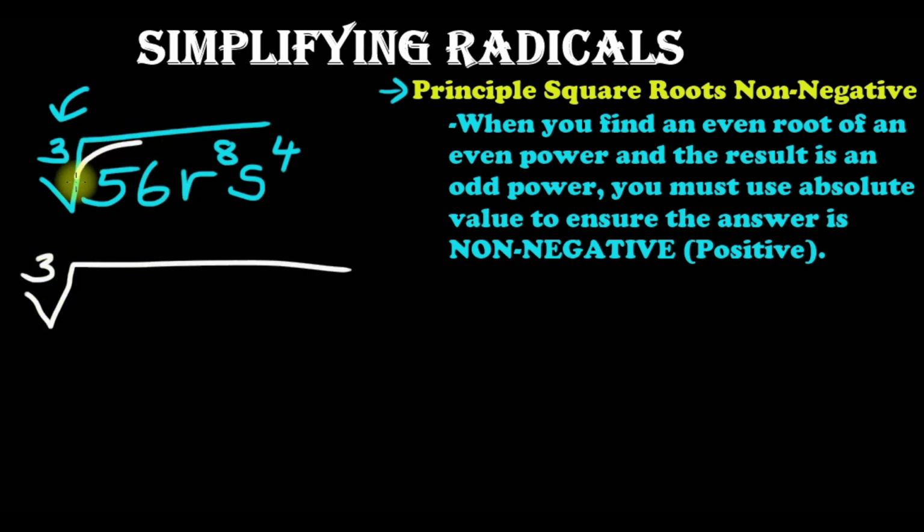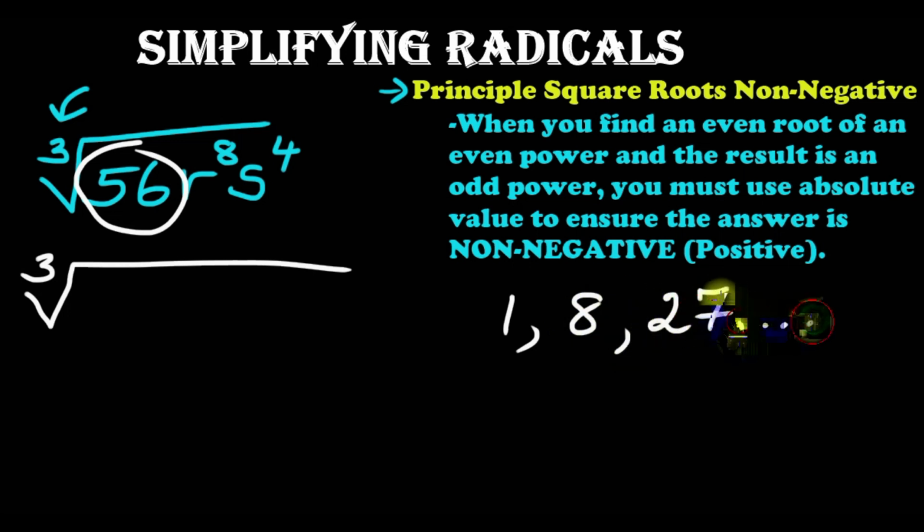We have to rewrite 56 using a perfect cube. So we know perfect cubes are what? 1, 8, 27, and so on. Looks like 8 can go into 56 7 times. So we're going to rewrite 56 using 8 times 7.